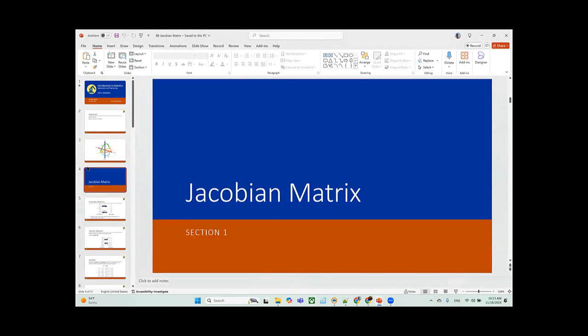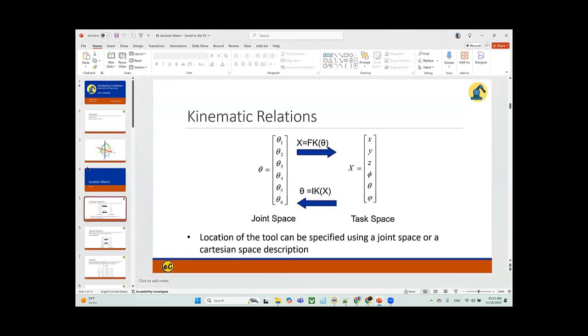And the Jacobian matrix is studying the state variable. So if you calculate your state variables theta 1 to theta 6, it can be theta, or it can be displacement, depending on what kind of joint it is. From theta to calculate your XYZ, where your end effector is, that's called forward kinematics.